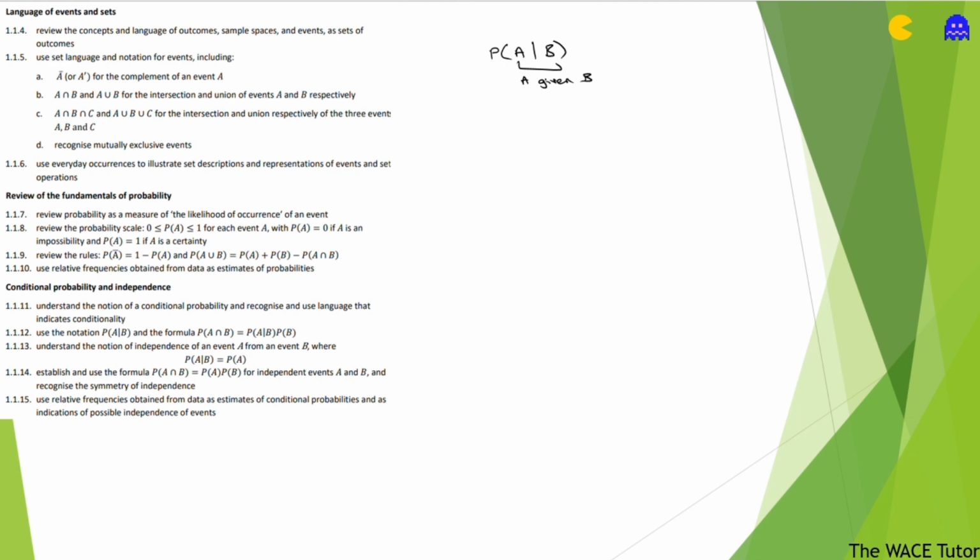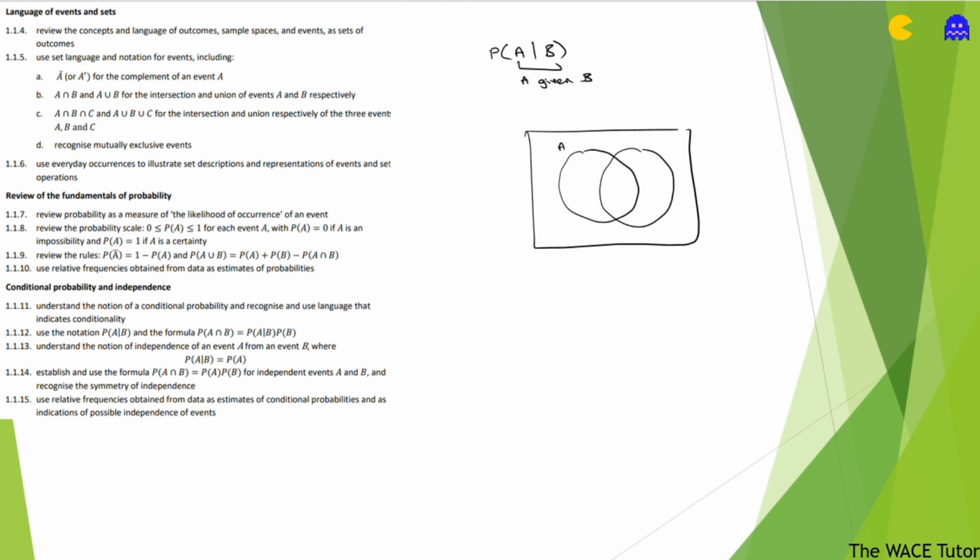If we want to represent the conditional probability relationship in a Venn diagram, we would do it in this way. Since this represents A given B, this implies that B has already occurred. So we consider our sample space here as B, this part here. Then if we're looking at A given B, that will be this section here.